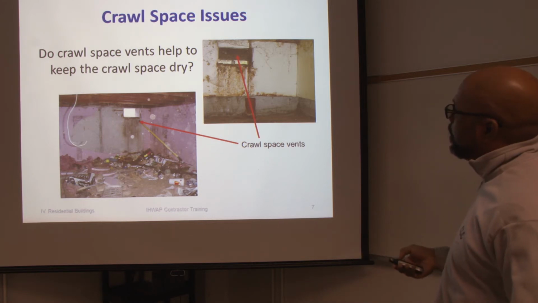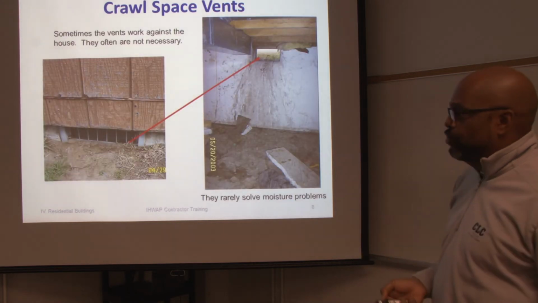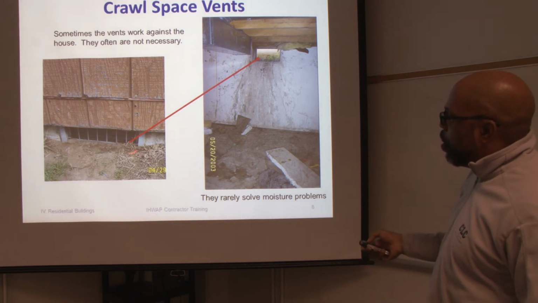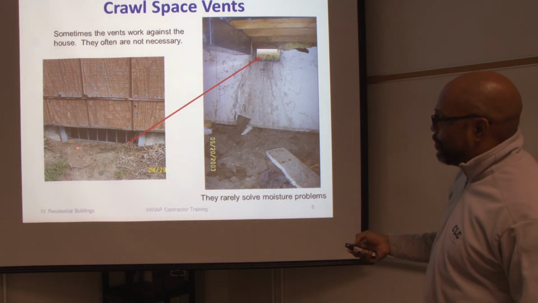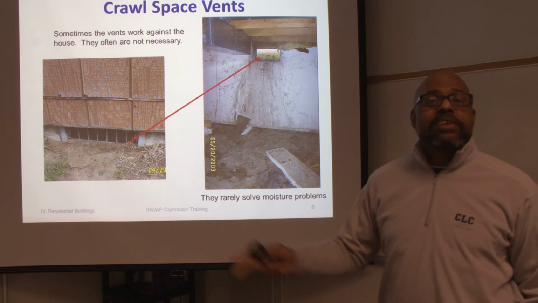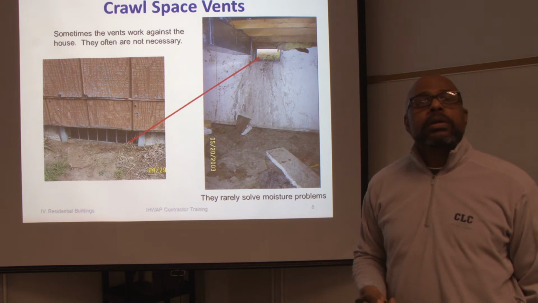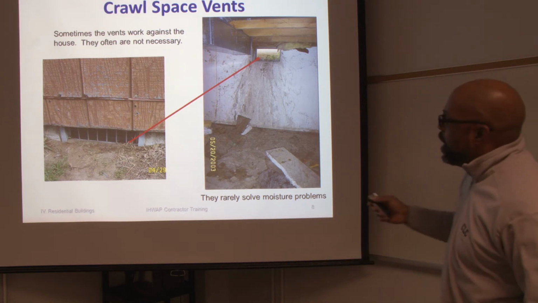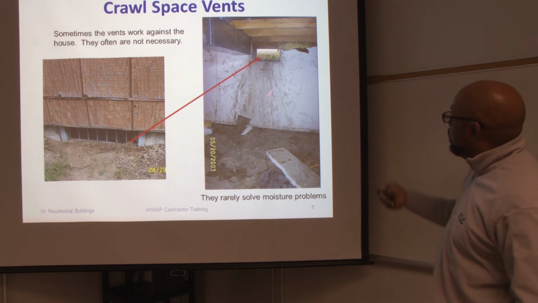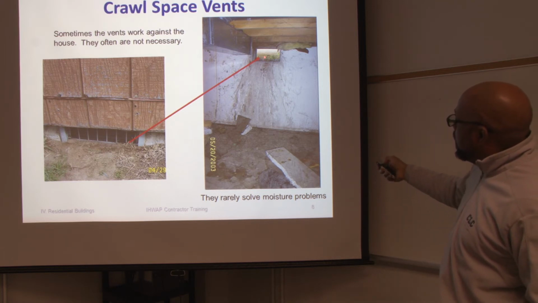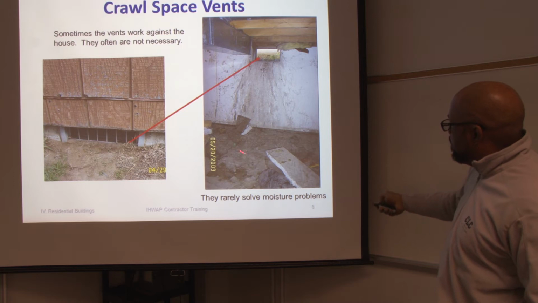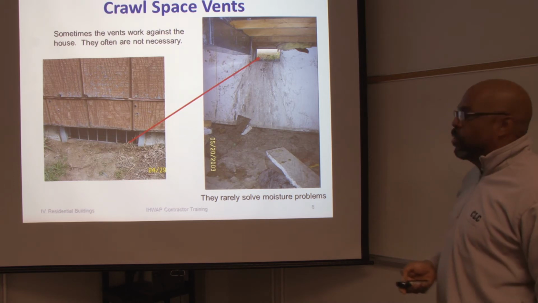So we have to be concerned about a lot of crawl spaces, making sure that they're dry. Also, vent openings: make sure the grate is away from any vent so water doesn't run back into the crawl space. You can see in this picture that water had been running down for some time, and you can see the damage it caused from moisture.